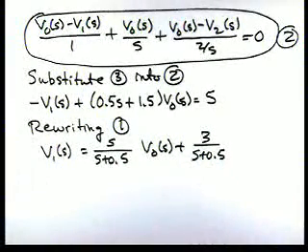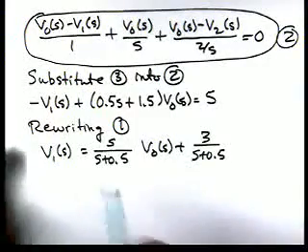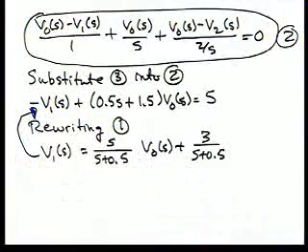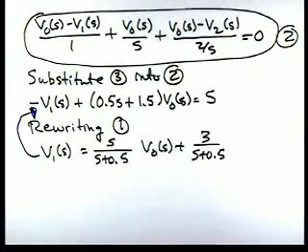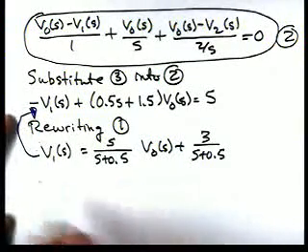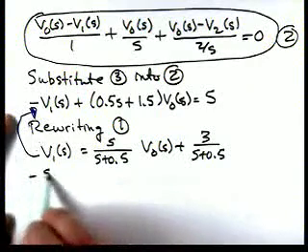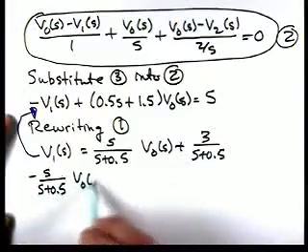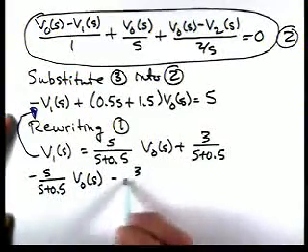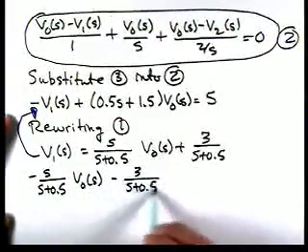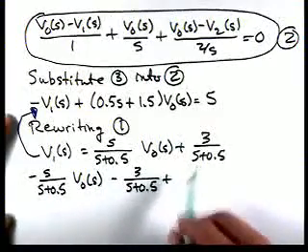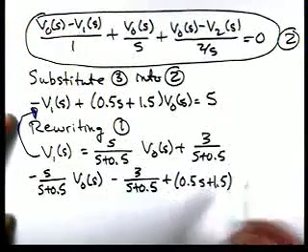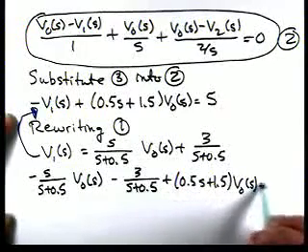Now, I'm going to take and substitute this into this equation. Basically, I'll have one equation in terms of V0 of S. So making that substitution, we have minus S over S plus 0.5 times V0 minus 3 over S plus 0.5, and then we have plus 0.5 S plus 1.5 V0 is equal to 5.